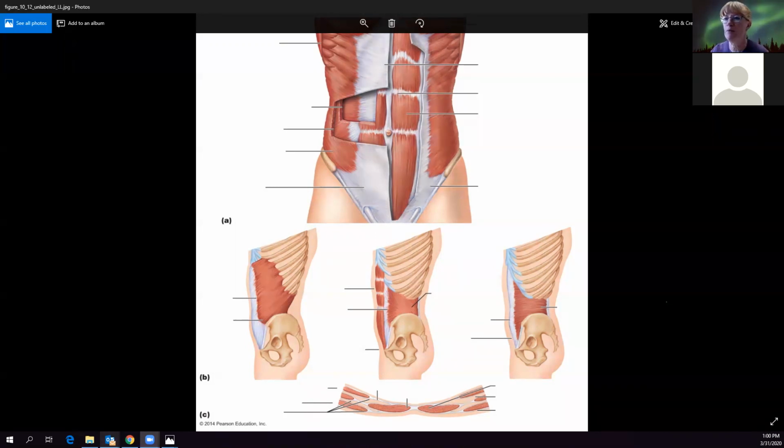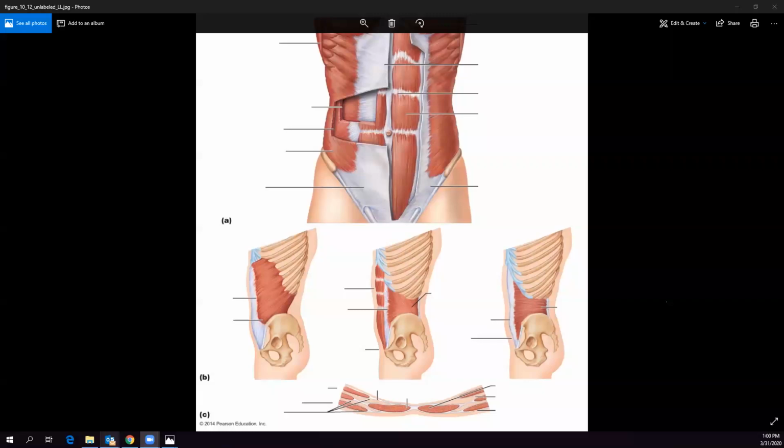So you should be able to see in my screen share the abdominal muscles. I don't have words by them, but I'm typing them in right now as we go. So this was the unlabeled kind. As soon as it lets me find my little options. There we go. Oh, sorry, I stopped sharing.